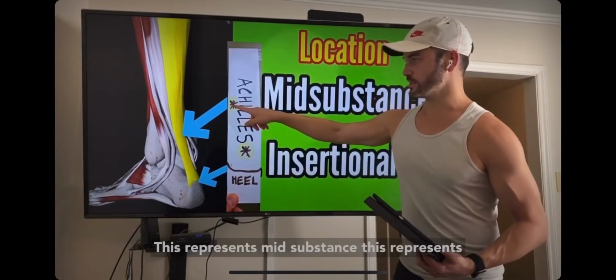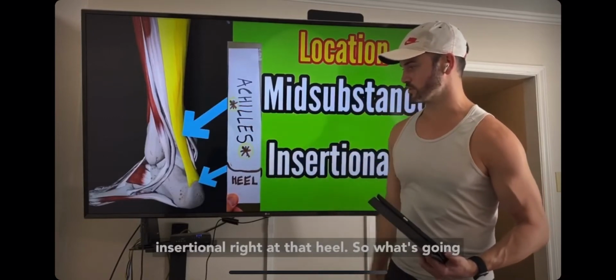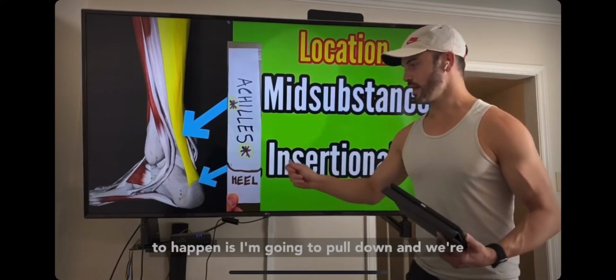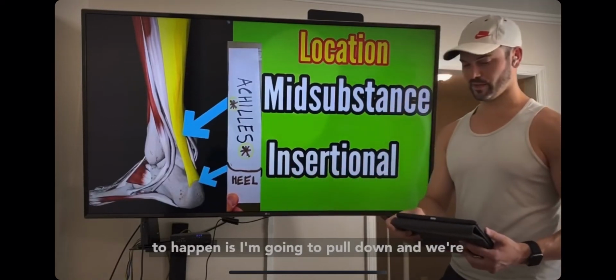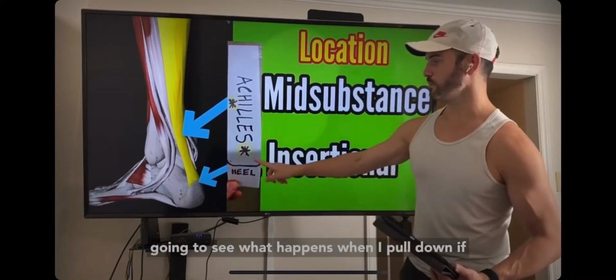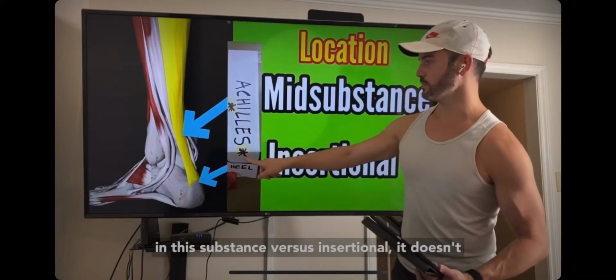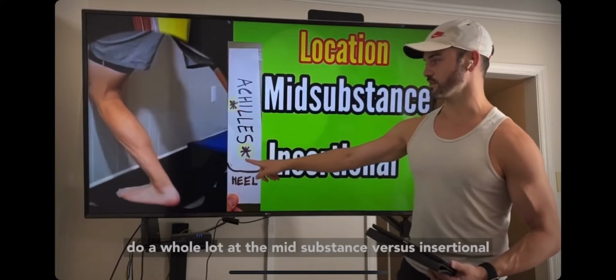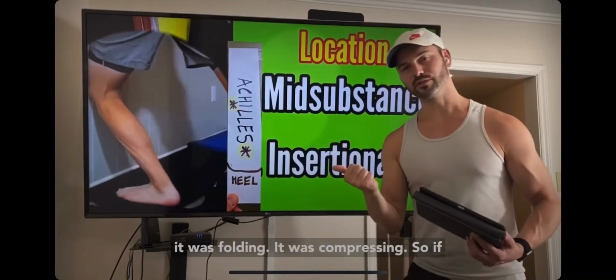This represents mid-substance. This represents insertional right at that heel. So what's gonna happen is I'm gonna pull down and we're gonna see what happens when I pull down at the mid-substance versus insertional. It doesn't do a whole lot at the mid-substance. At insertional, it was folding, it was compressing.